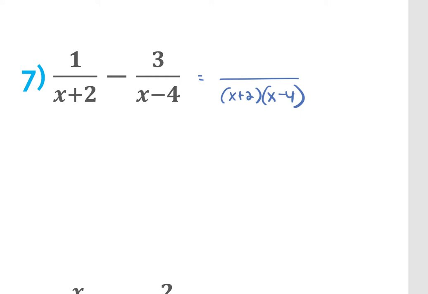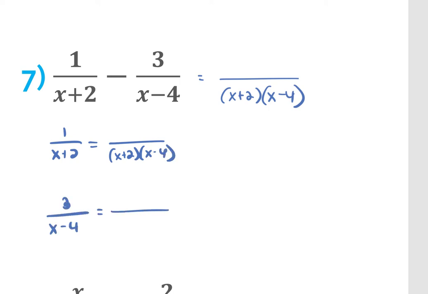So now the way this works, I'm going to show you the long step at the beginning, and then eventually we're going to cut out a little bit of the steps, okay? But I need to change both of these fractions to have that denominator. So if I have 1 over x plus 2, it needs to become something over x plus 2 and x minus 4, and then I have 3 over x minus 4, and it needs to become something over x plus 2 and x minus 4.